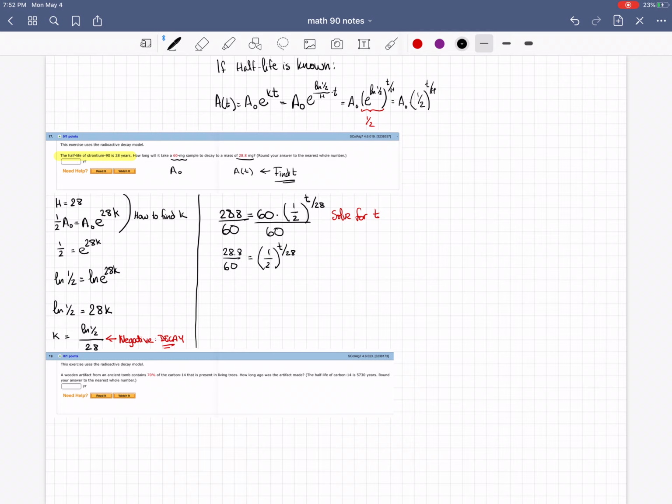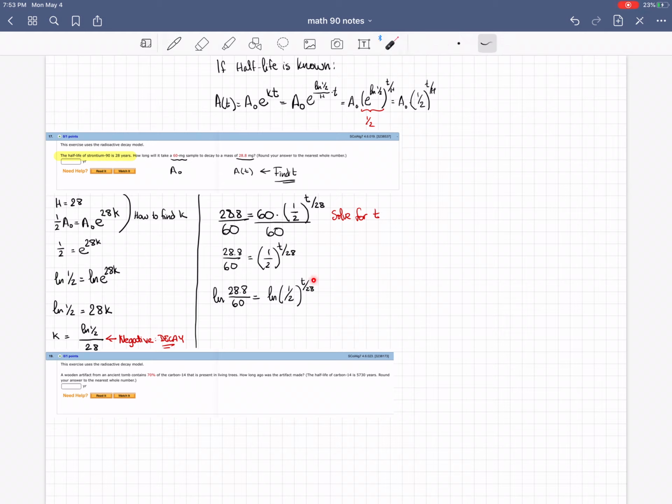Okay, so I'm going to go ahead and take the log of both sides. And again, I'm not rounding anything yet. I'm just going to write it as the natural log of 28.8 over 60. And here I have the natural log of 1/2 to the power t over 28.